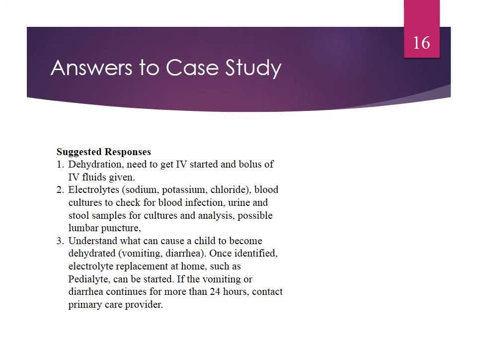Understanding what can cause a child to become dehydrated is what you want to explain to the mother. In anticipatory guidance, you want to educate the mother on vomiting and diarrhea and what she can do at home for him prior to coming in to the clinic.